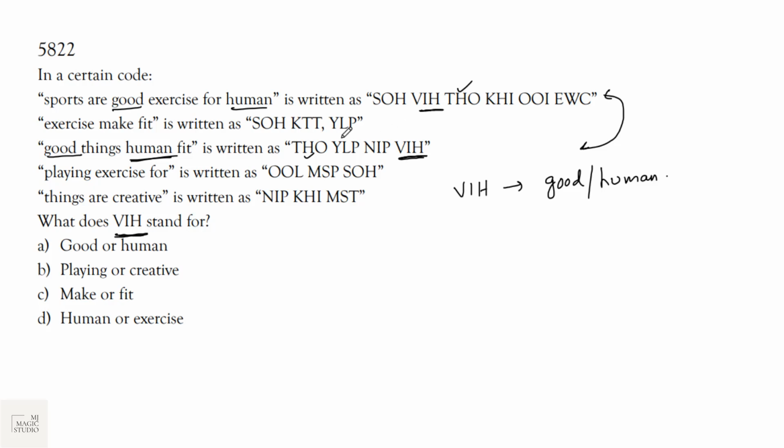For THO, we have no other clue to find the code. THO is not available here, not here, not here. That means VIH should hold good for good or human. In options also two words are given. So VIH stands for good or human, option A.